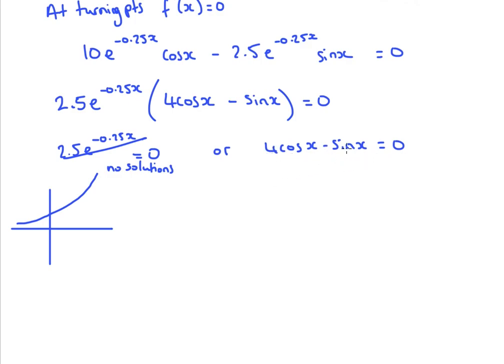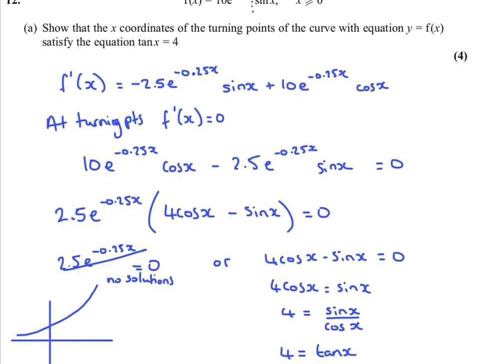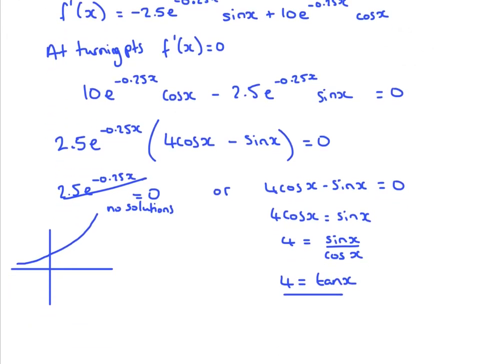If we add on the sine x and divide by cos x, we've got 4 equals sine x over cos x, and sine x over cos x is tan x. So that's what we're aiming for. That's what they had in the question. So that's part A done.